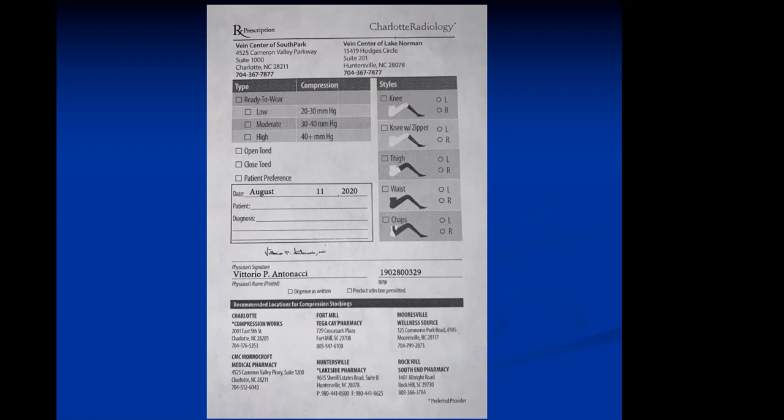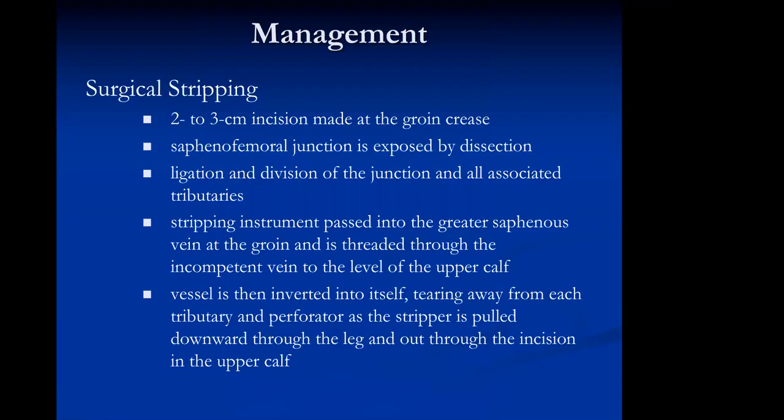So if you just check off ready to wear low strength thigh high, it has to be thigh high, because knee high really isn't considered a sufficient trial for Medicare. If you get that to your patients, that'll get them really ahead of the game when they come in for consultation, whether it's at our center or at any other vein center.